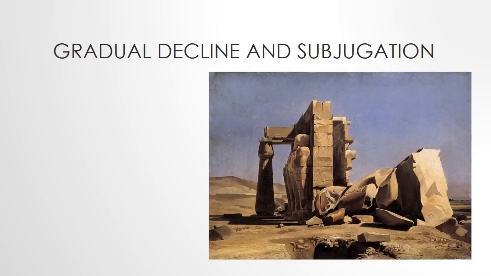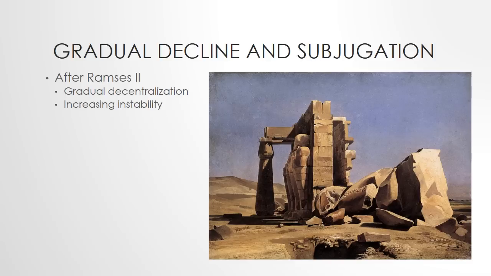After Egypt reaches this imperial peak under Ramses II, it begins a slow process of decline, marked by gradual decentralization and increasing instability. There are both uprisings within Egypt, people are unhappy with the pharaoh's rule, and also attacks by nomadic groups from the desert and from the sea. As a result of this, Egypt is weakened, and in 900 BC, Egypt is conquered by Assyria and remains conquered by Assyria for hundreds of years.